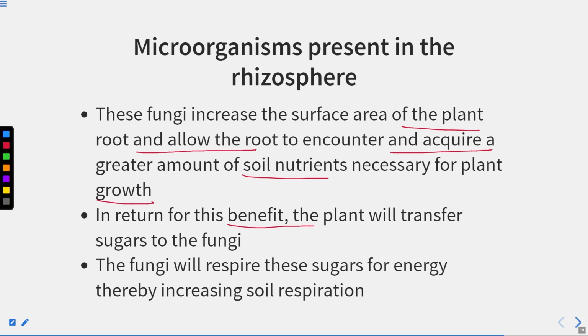And in return for this benefit, the plant will transfer sugars to the fungi. And sometimes fungi also make available some important nutrients like phosphorus. So the fungi will respire the sugar for energy and thereby increase the soil respiration.